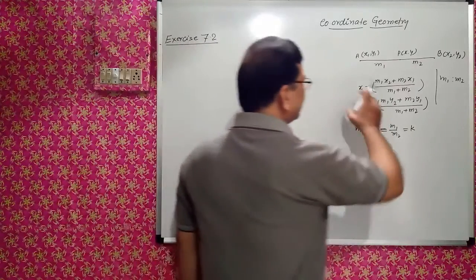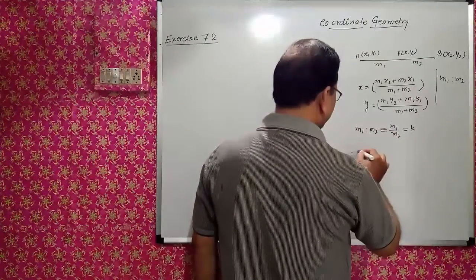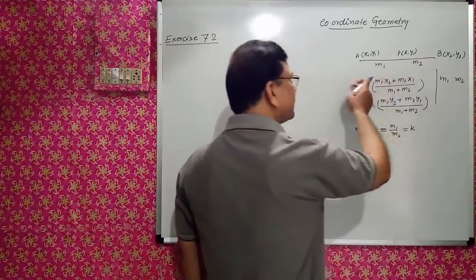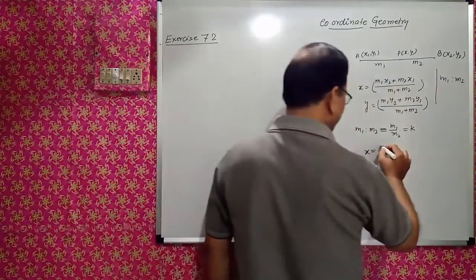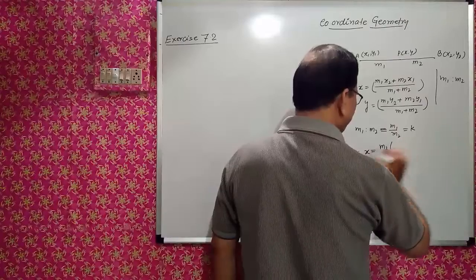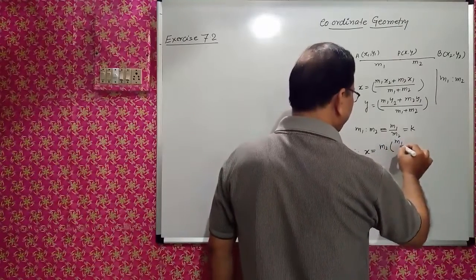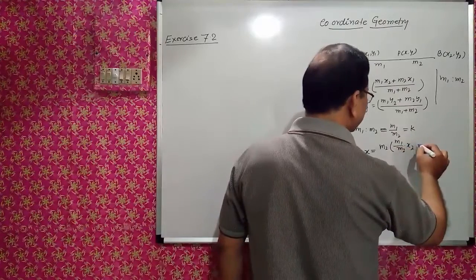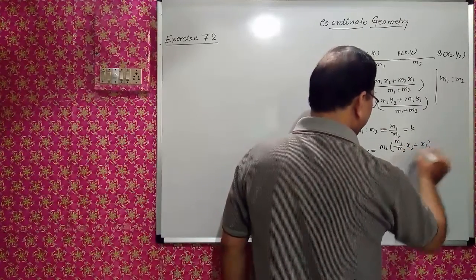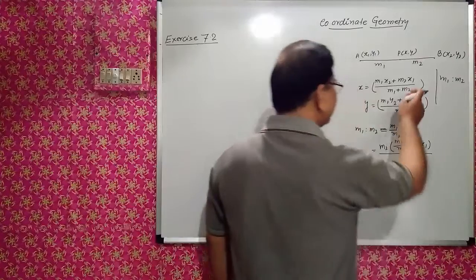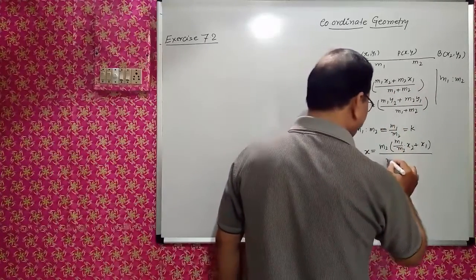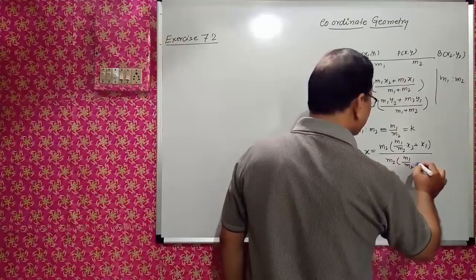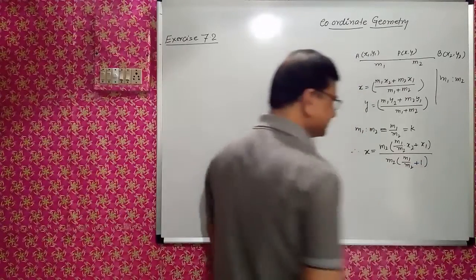See, from this, therefore, we can write x is equal to what? Taking m2 common from the numerator, we will get m1 by m2 into x2 plus x1, and likewise if you take m2 common from the denominator, it will be m1 by m2 plus 1.